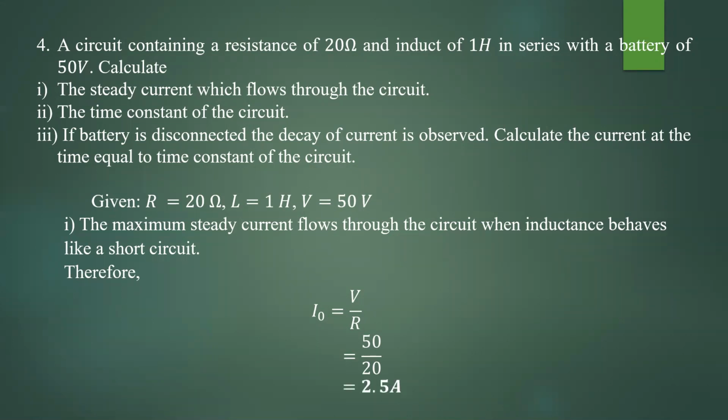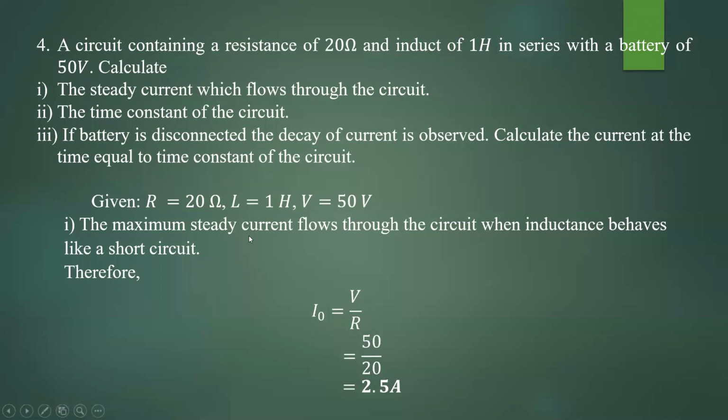Very good. So the maximum current which is going to flow through the circuit is given simply by V by R, that is equal to 2.5 ampere. So much current will flow through the circuit when the maximum steady current flows. Next, we'll find out the time constant of the circuit.